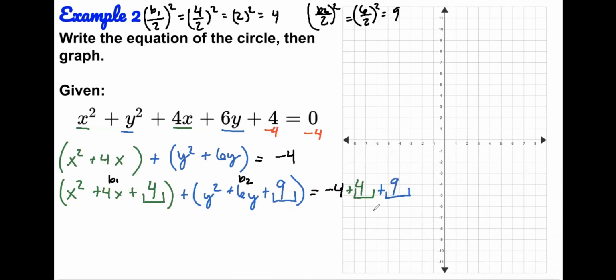All right, let's go ahead and factor and simplify my right side. So how do I factor? What would be my factor here? I would have x. Over here, I would have y. And what would be my right side? What would be my two factors, or my factor squared, for x squared plus 4x plus 4? 2.